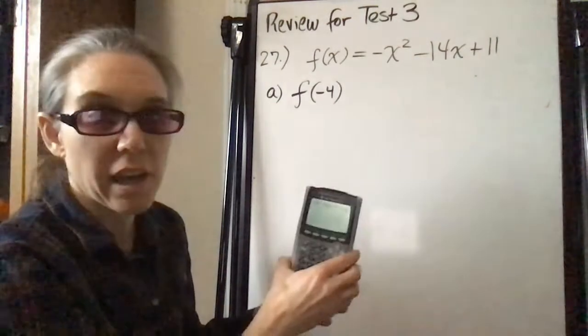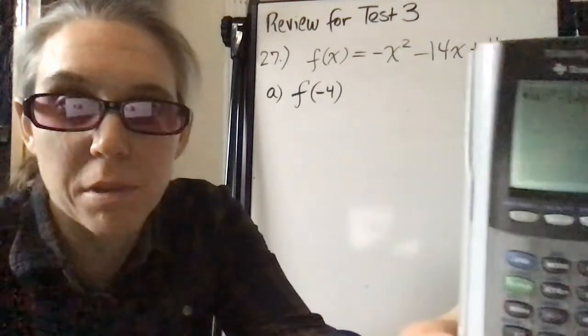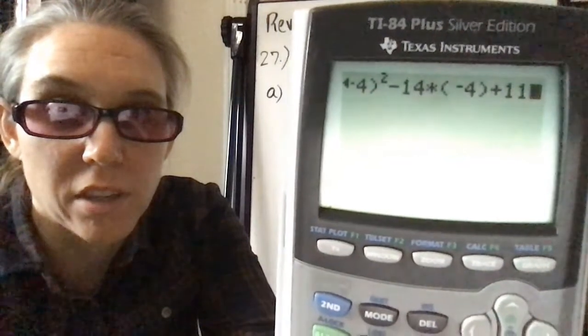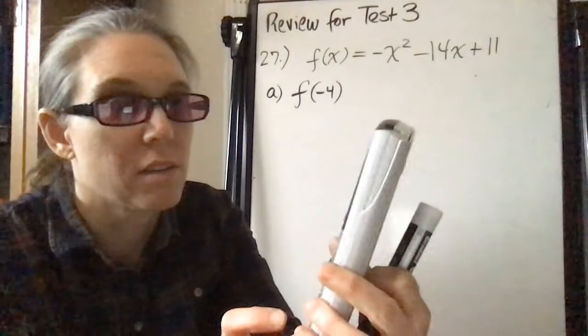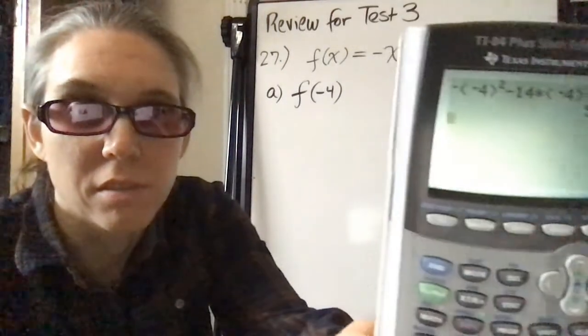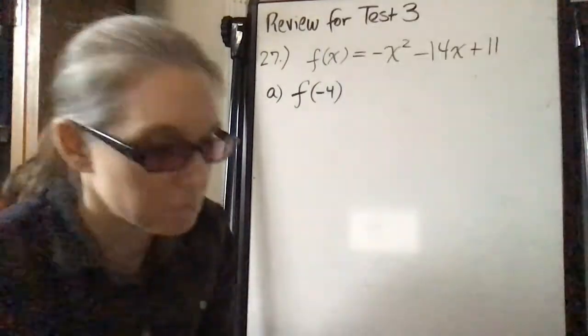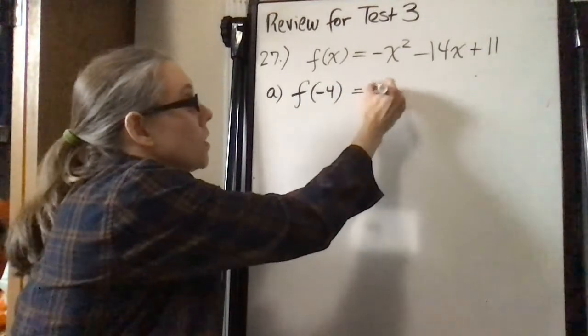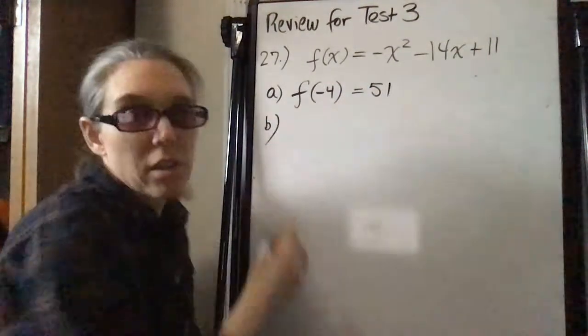So you may want to go ahead and try typing that into your calculator in the same way. You can't see my full line here, but when you type it in, you get 51. No work required. You can do that on the calculator.